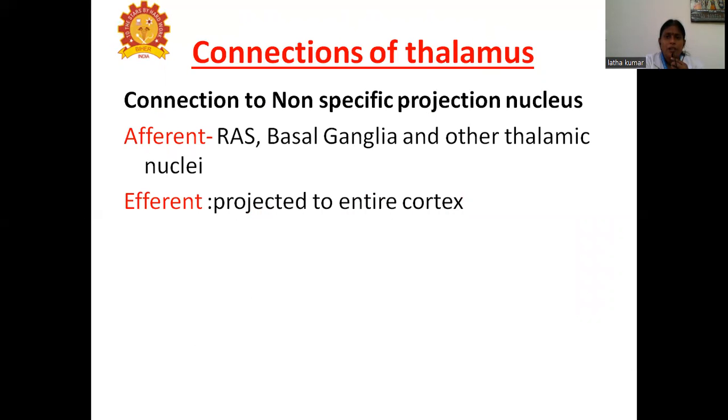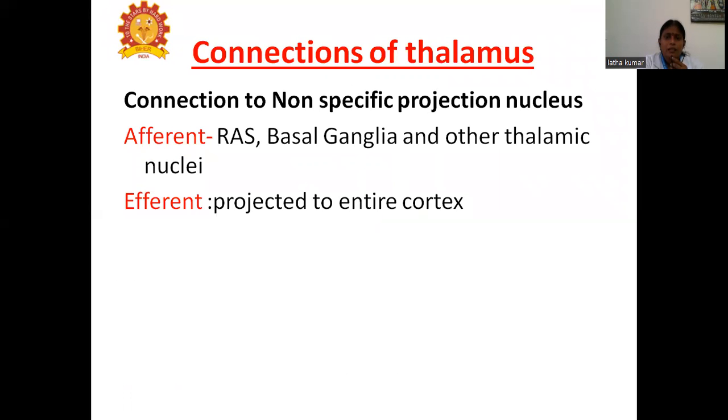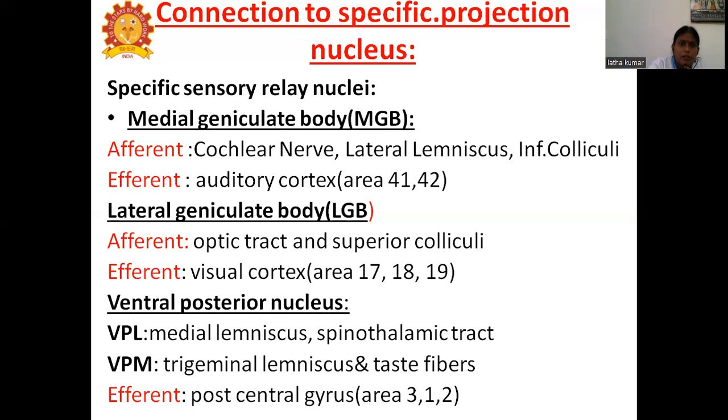So the connections I have already explained. The non-specific projection nuclei receive afferent fibers mainly from the RES, basal ganglia, and other thalamic nuclei, and project their efferent fibers to the entire cortex. The specific projection nuclei receive diffusely from the reticular activating system, basal ganglia, and other thalamic nuclei, and have a specific projection.